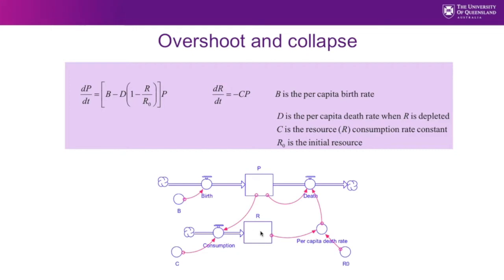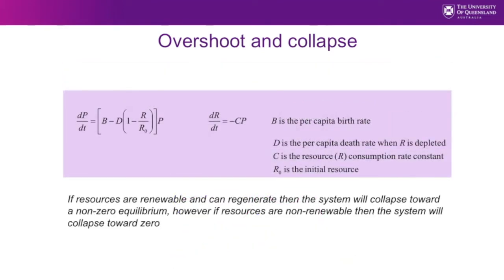Not only one pointing out, which should be here, the consumption, but it had also something feeding the system. Okay, so this is what this statement refers to. So it's towards non-zero equilibrium, or it can be completely collapsed towards zero.